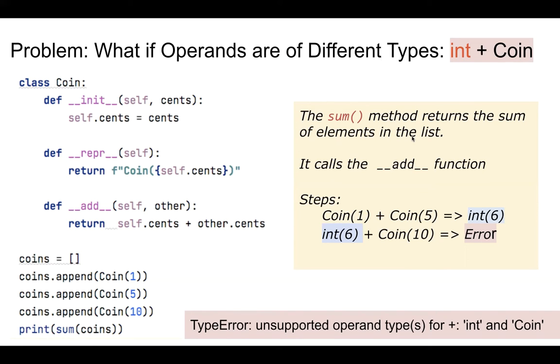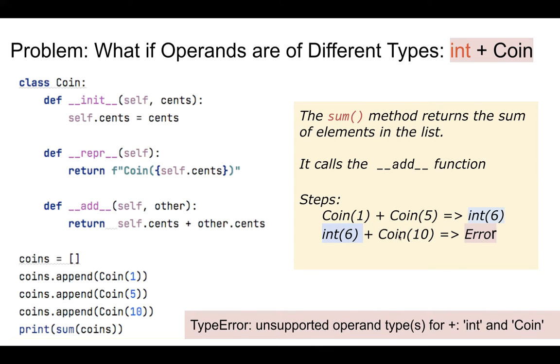It adds a numeric value, right? So it calls the add function. So coin 1 plus 5 to a nickel, penny and a nickel, give me the integer 6. Now I'm going to do 6 plus a dime, and it gives me an error. It doesn't know how to add the integer.